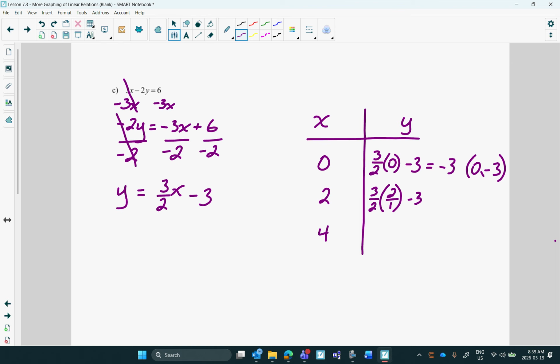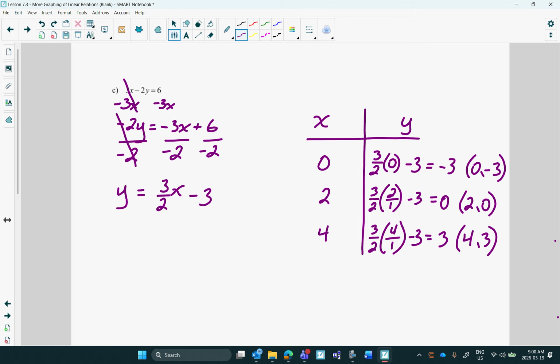And now I have to subtract 3, which gives 0. Then 3 over 2 times 4, or 4 over 1, minus 3. 12 over 2 is 6. 6 minus 3 is 3. Okay, I got this.